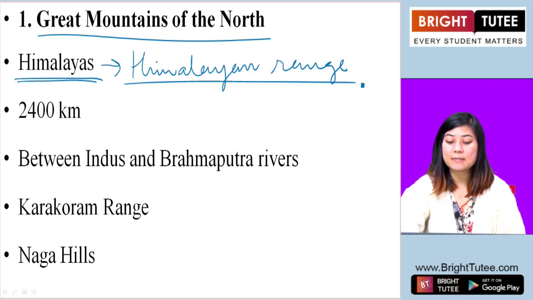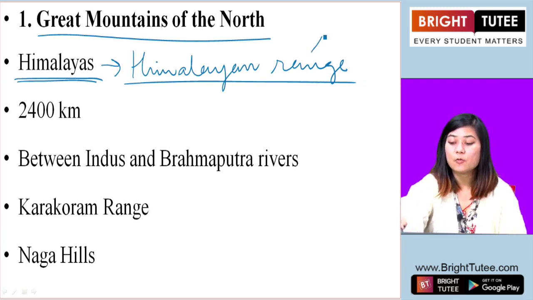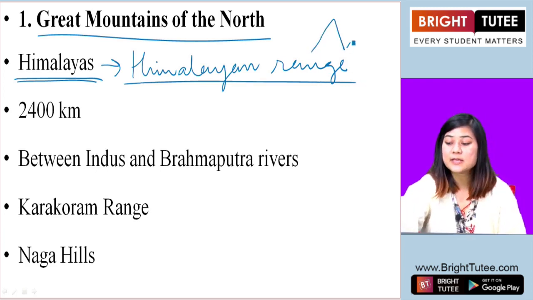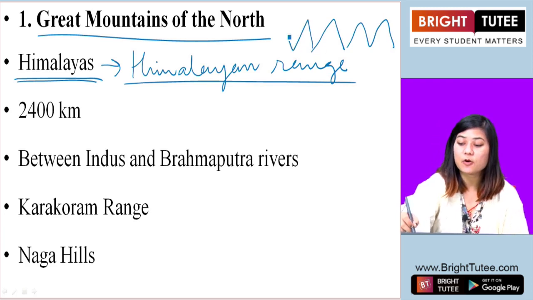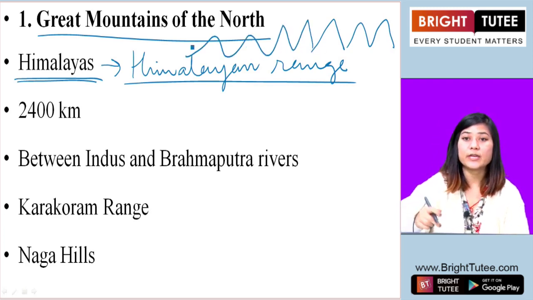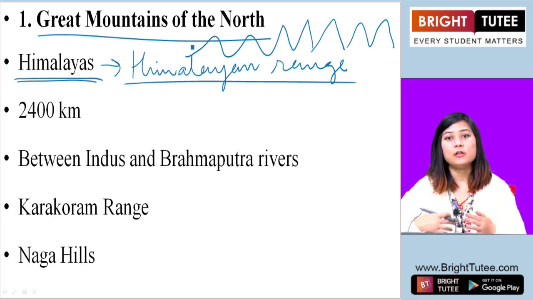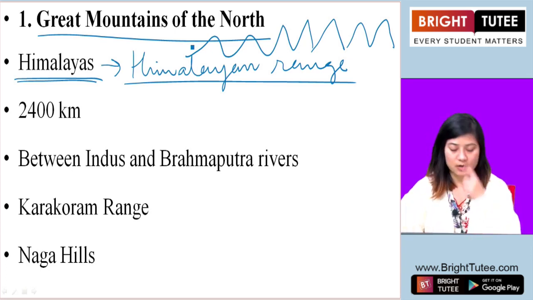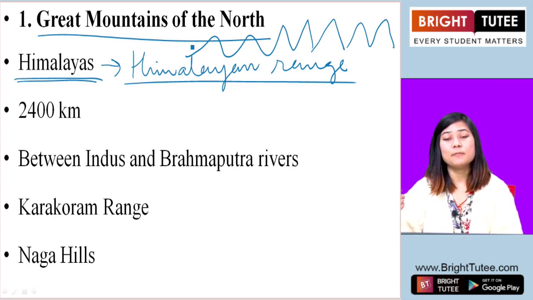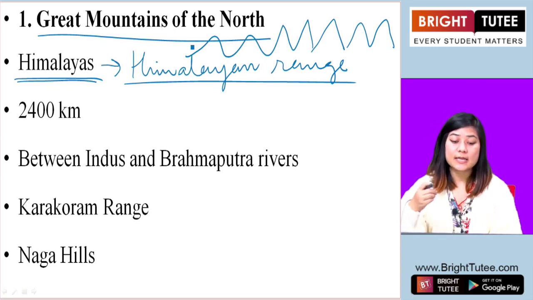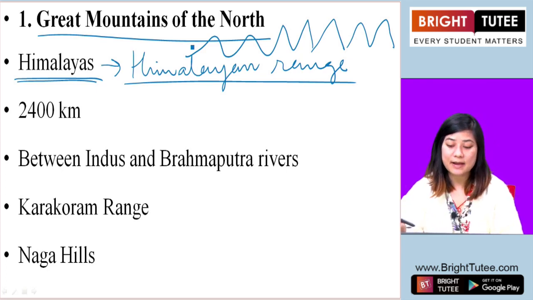When we say the Himalayas, it does not mean one mountain. It means the range. That's why we call it the Himalayas. It is a long stretch of mountain range where a number of the highest mountain peaks in the world are located.